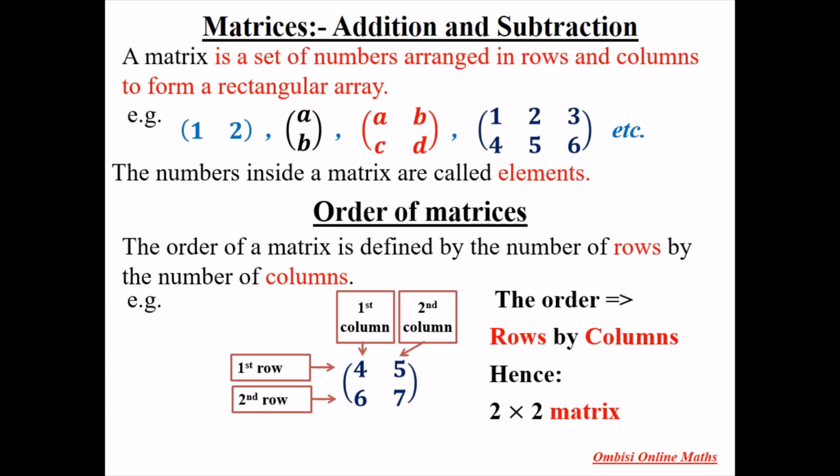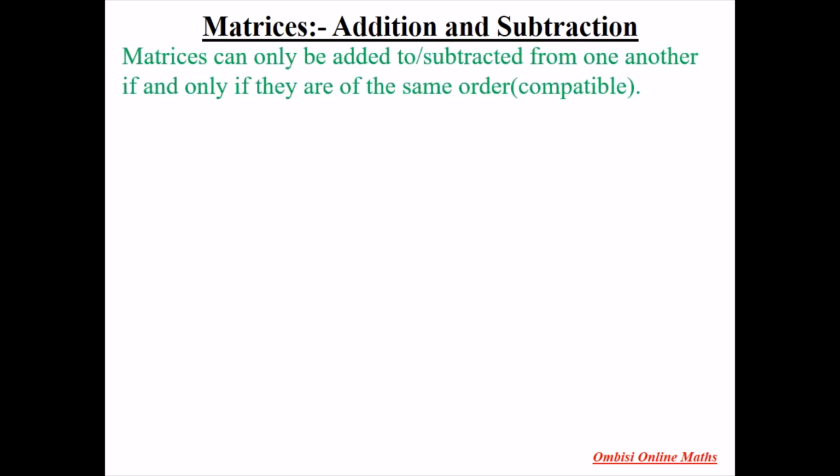After looking at the order of matrices, I'd like us to look at addition and subtraction of matrices. There is something you have to note. Matrices can only be added or subtracted if and only if they are of the same order. That means they must be compatible, and compatibility comes in the form of order.